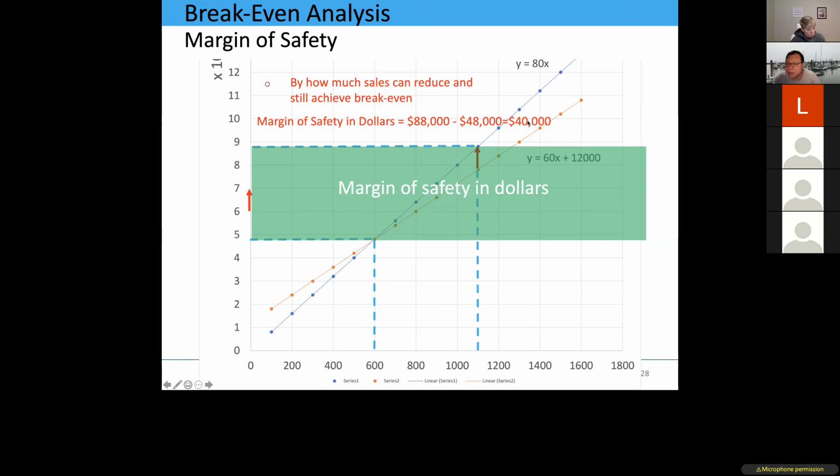Any amount more than this, you will be at a loss. So this tells me how much sales I can afford to lose before the break-even sales. So this is the safety, the margin of safety.